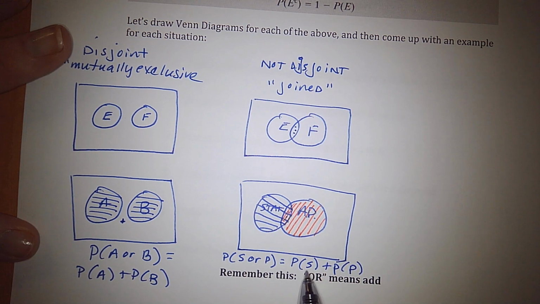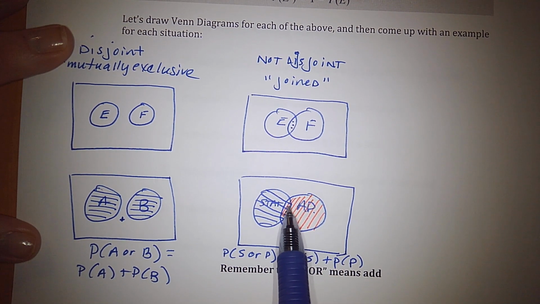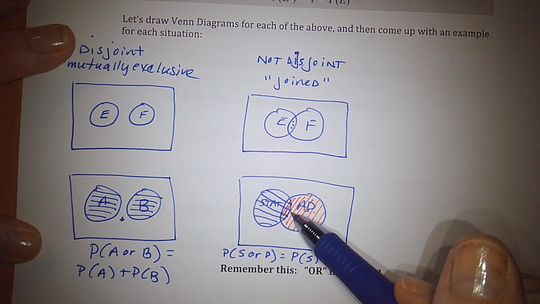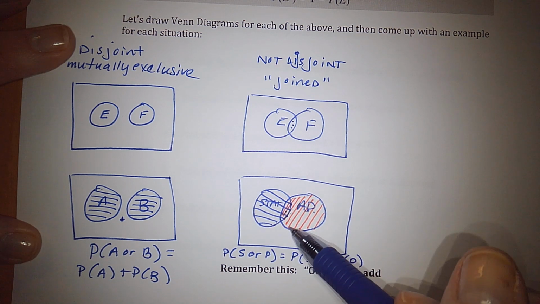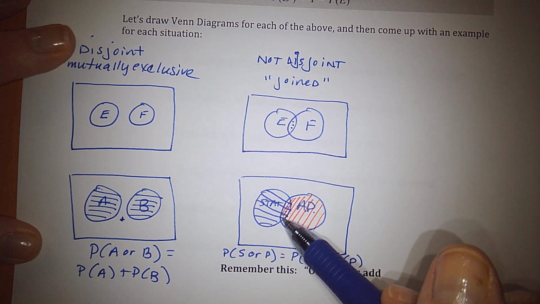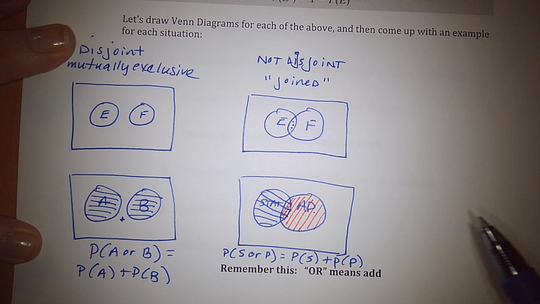But now what you see is that when we added these two probabilities separately, we added this middle section twice. We added all of these people once when we took all of the statistics students, but we also added them a second time when we added all the physiology students, because those students happen to be in the middle and were added twice because they were in both classes.